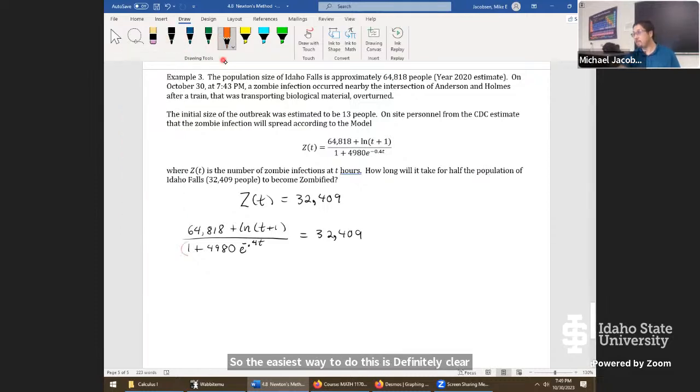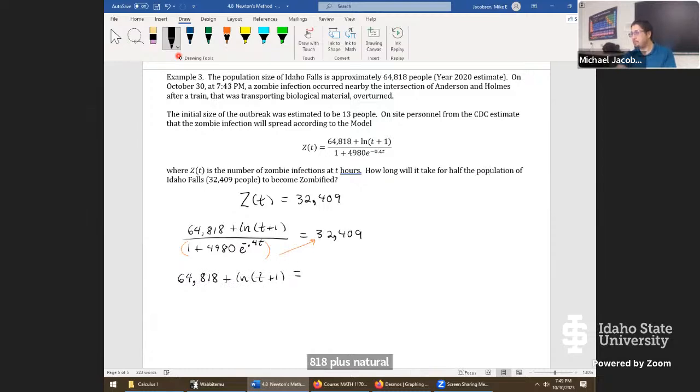You can take that full denominator and multiply it to the right-hand side. Visualize as a halfway cross product. Gives you 64,818 plus natural log T plus 1 equals, now 32,409 first multiplies this 1 here, so 32,409.